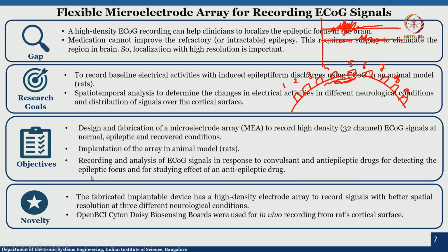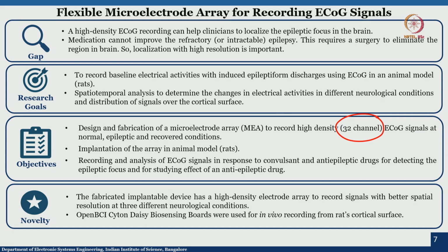So, one is to understand the high electrical activity, and second is to understand the effect of the existing drug. For this, the objectives are to design and fabricate a microelectrode array, which is a high density microelectrode array. In this case we say 32 channel is high density, but you say, oh, 32 channel, how can that be high density?